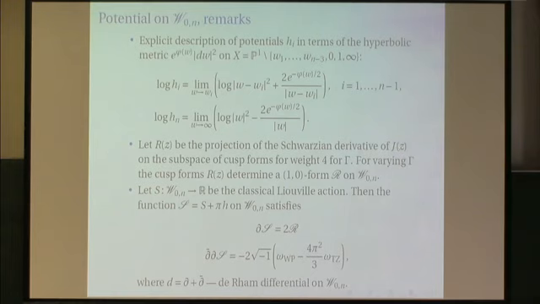As such, the space of all automorphic forms of weight 4 is a direct sum of the Eisenstein series and cusp forms. Then, if you consider the projection of this form on the subspace of cusp forms, you get, for each Riemann surface, a family of cusp forms which define a 1-0 form on the moduli space.